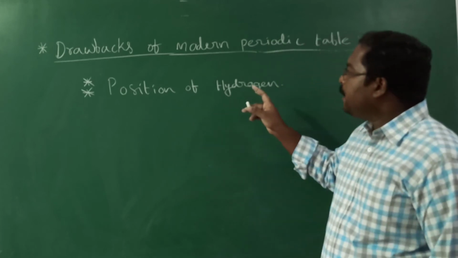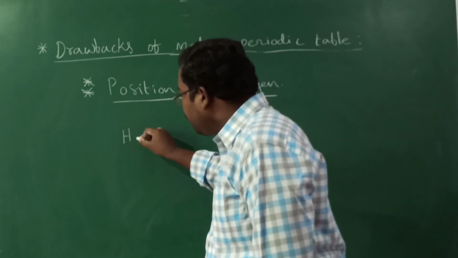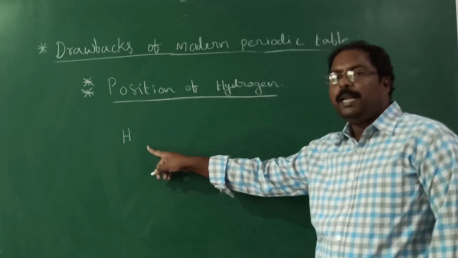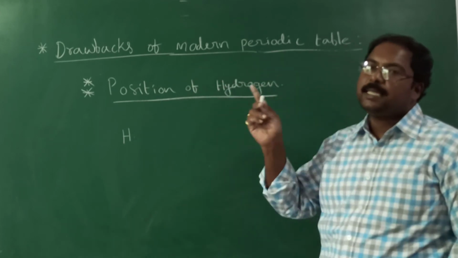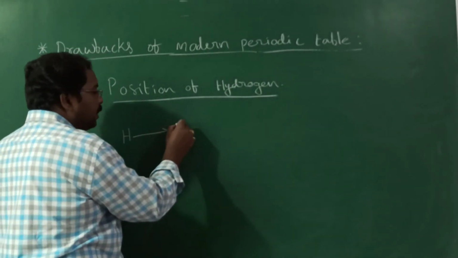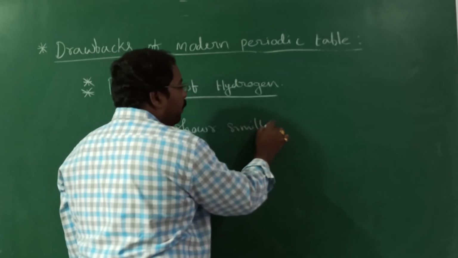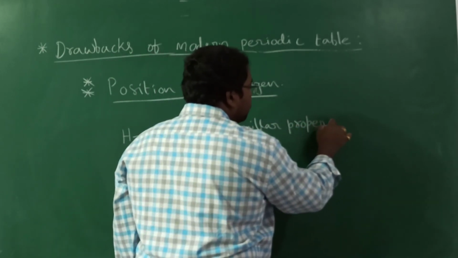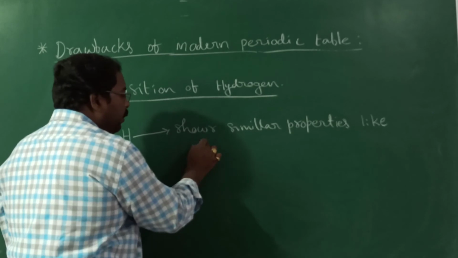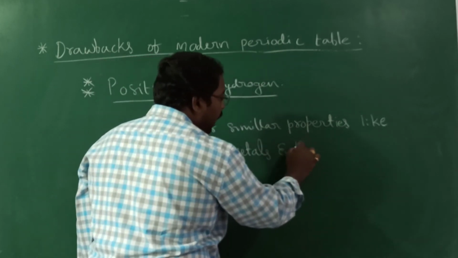Why? Because hydrogen is normally a non-metal element, but if you observe its properties, it shows similar properties to halogens as well as alkali metals.